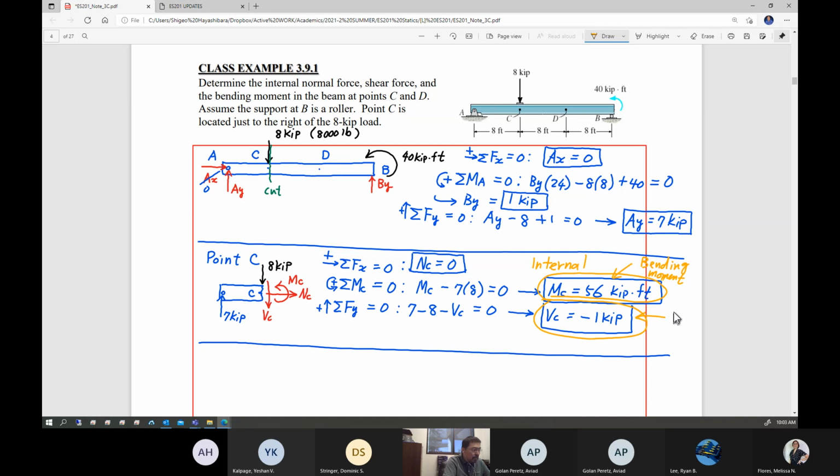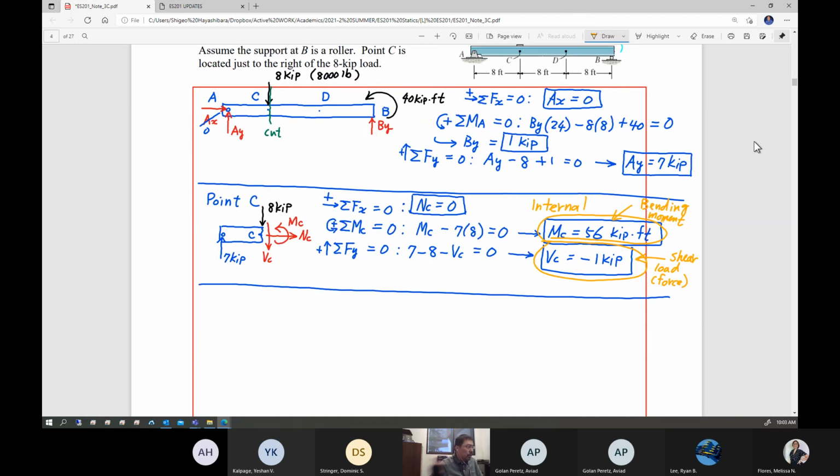This is internal shear load or shear force. Okay. So let's move on to point D.